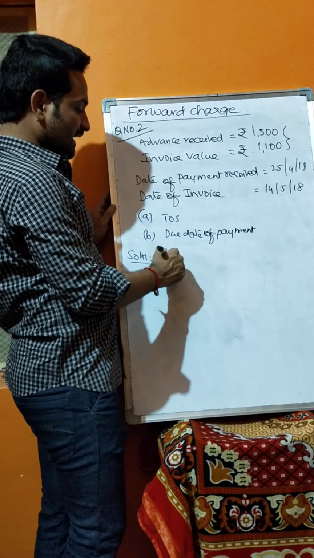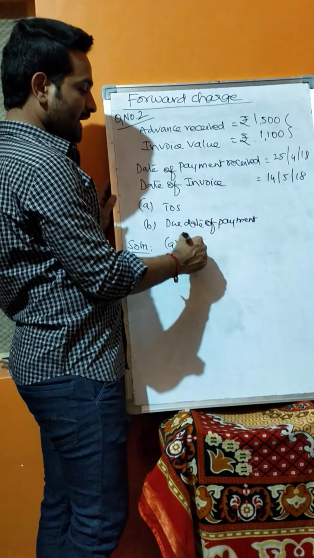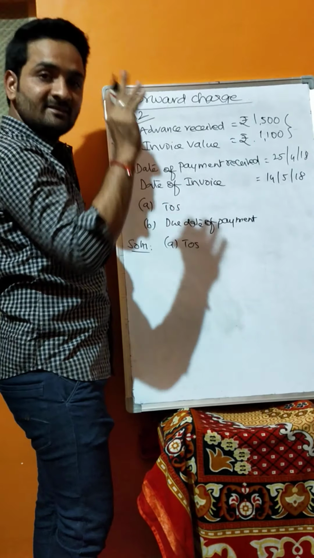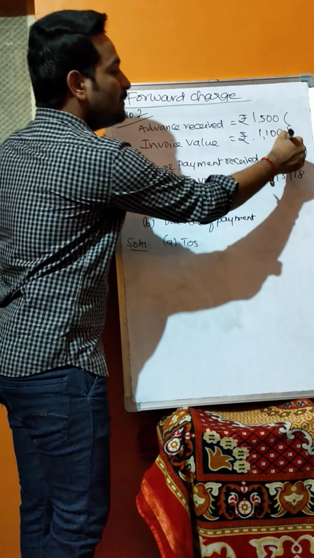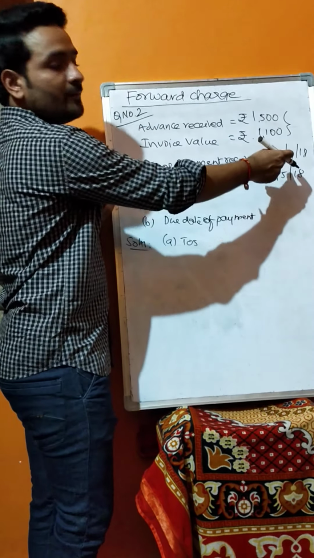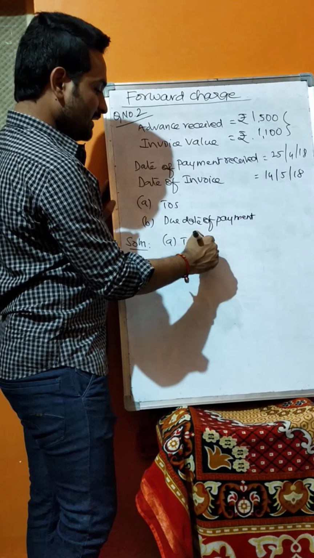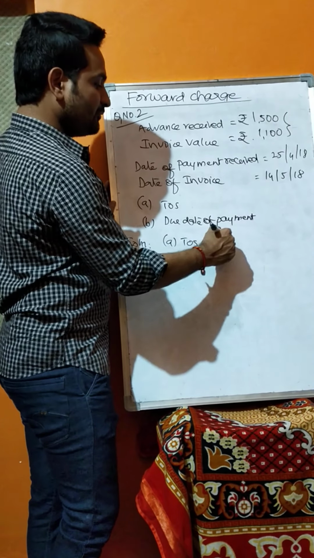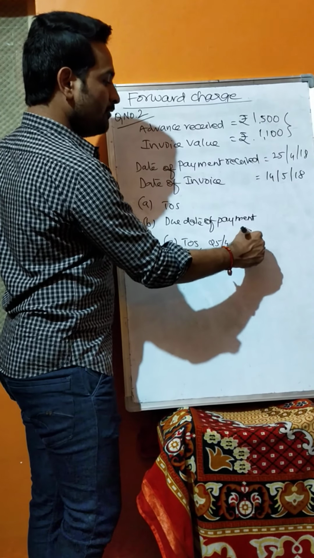Then what can be the time of supply? Either it may be 25th April or it may be 14th May. So time of supply can be either 25th April or 14th May.